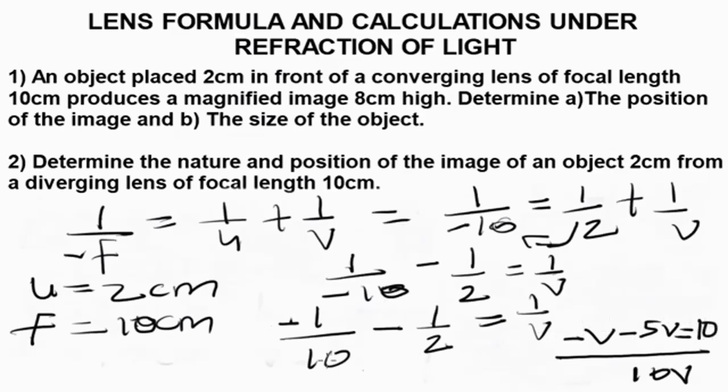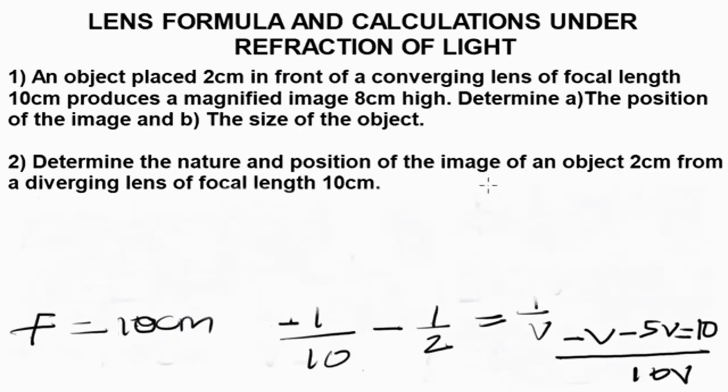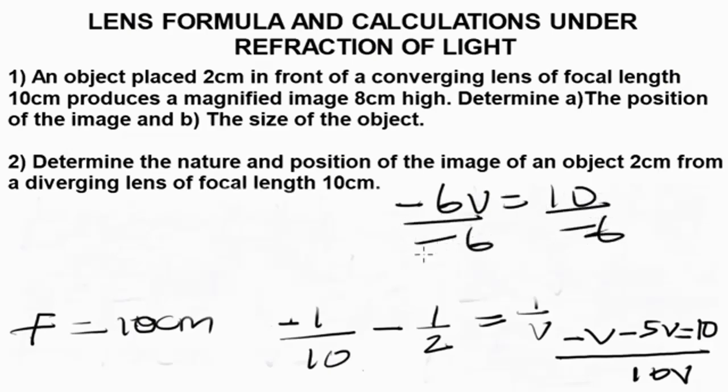At this juncture you're going to have minus v minus 5v, which gives minus 6v equals 10. To make v the subject of the formula, we divide both sides by minus 6. So our v will be 10 divided by minus 6, which gives us minus 1.666. Let's leave it at 3 decimal places because we keep having 6.